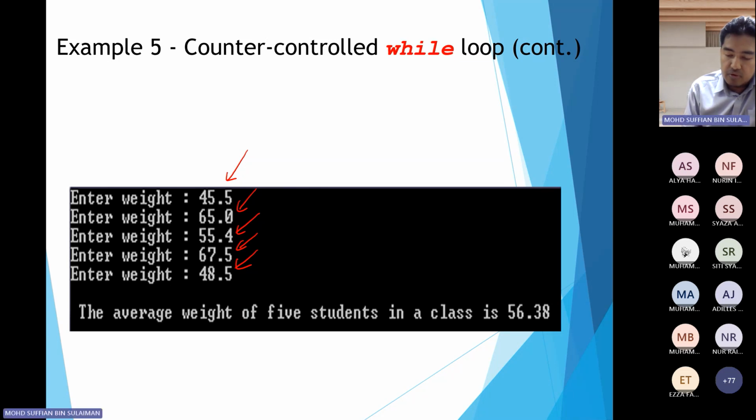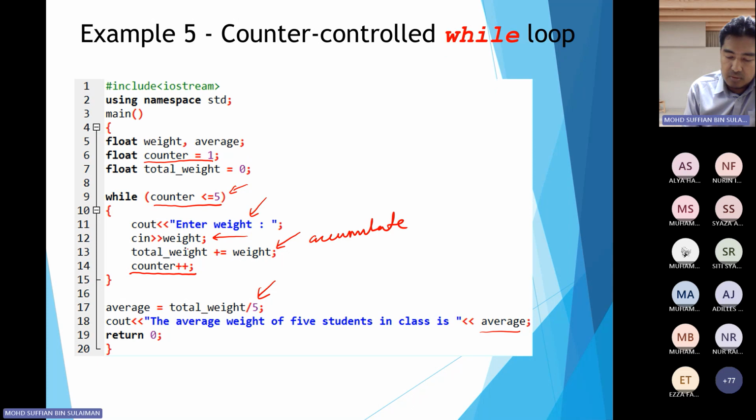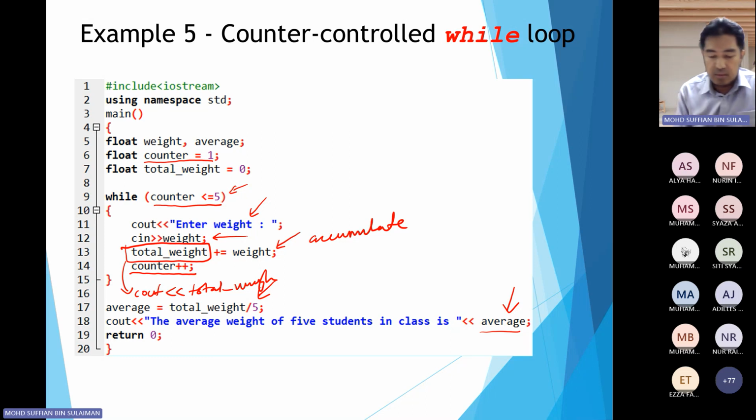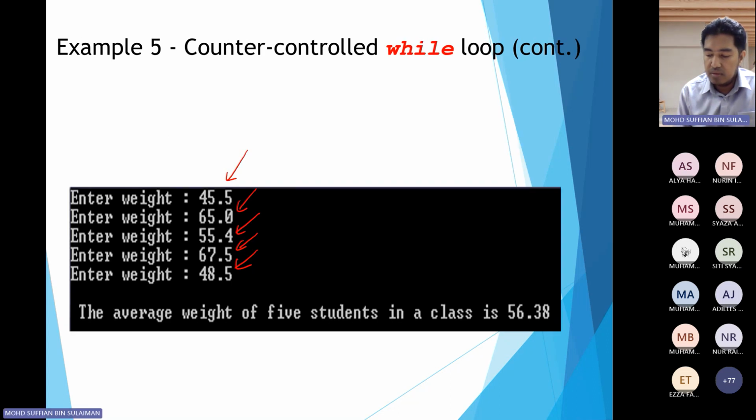The accumulation is not printed here. If you want to know the total weight, you can print it out. Total weight divided by 5, and we only see the average. In this case we print the average, which is 56.38.